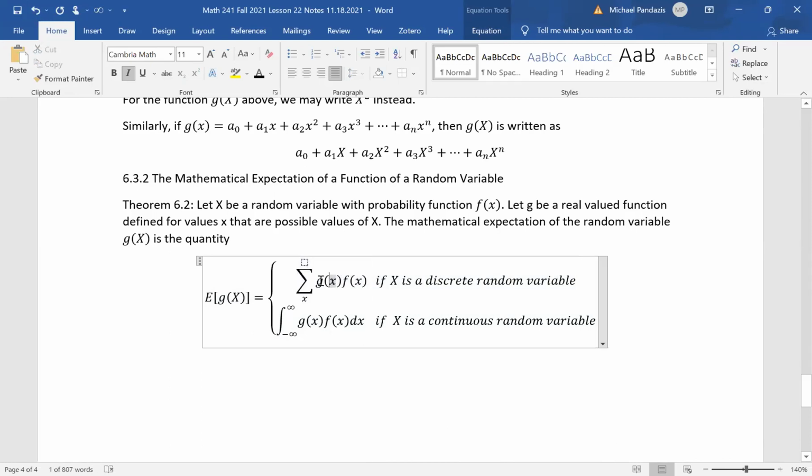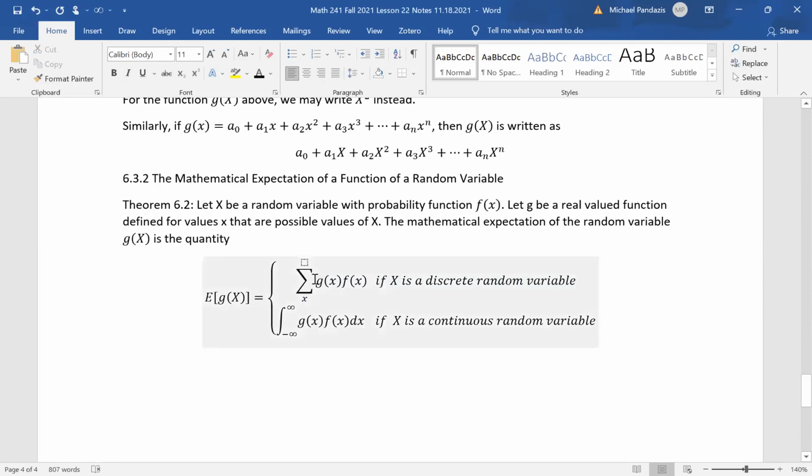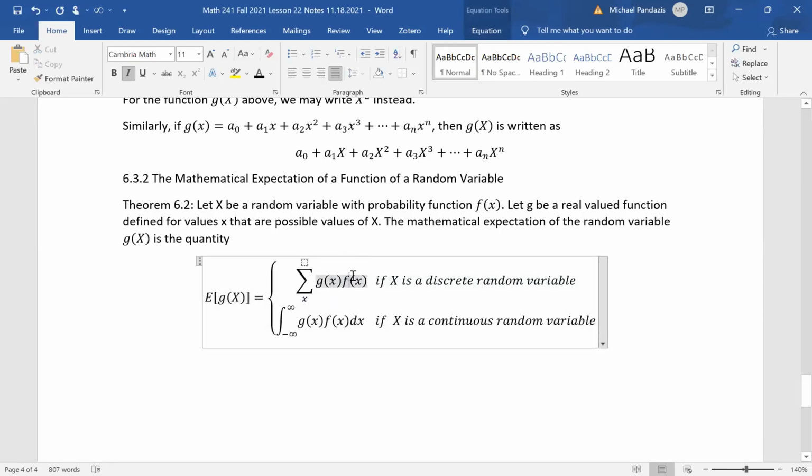The probability of g of x is the same as the probability of x, f of x. You're just summing over all possible values of g of x as x ranges over all possible values of capital X. So you have those g of x's, and you're multiplying each of them by the corresponding probabilities f of x. And the sum of the products is the expected value.